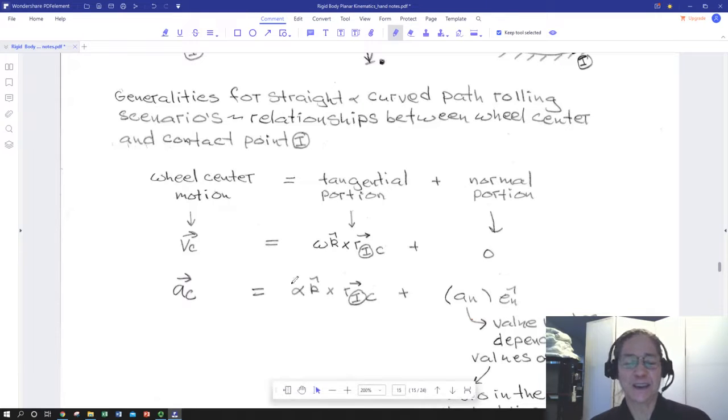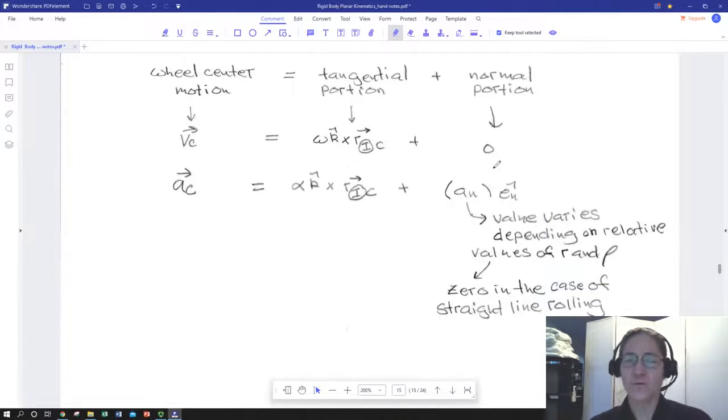And an A sub c, again, we're just walking through our formula, alpha k crossed into our IC plus a normal component for acceleration, and the value will depend again on the relative natures of r and rho.